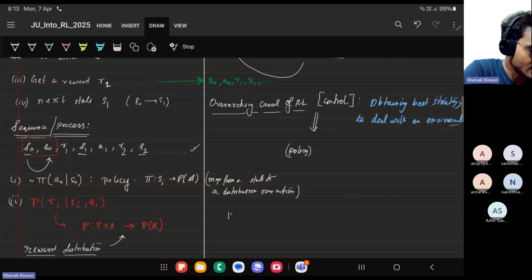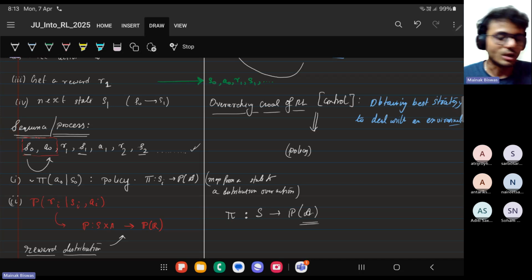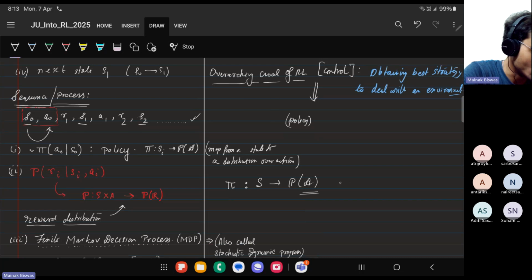A policy pi is defined as a mapping from states to a probability distribution on actions. So what does this actually mean? You have a set of states, and the policy will map each to a probability distribution. You can consider this as a conditional probability.